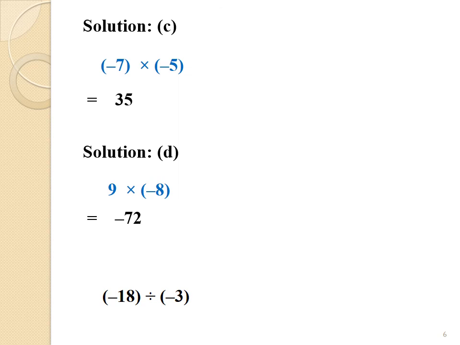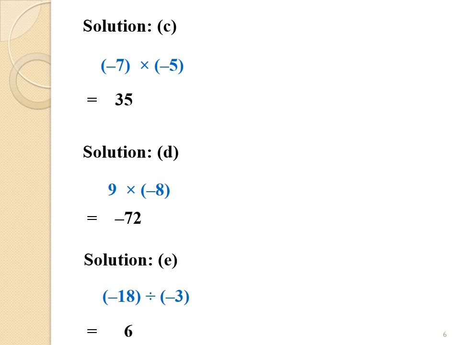Now, sum E. Minus 18 divided by minus 3. Dividing 18 by 3 as whole numbers by ignoring the minus sign, we get 6.